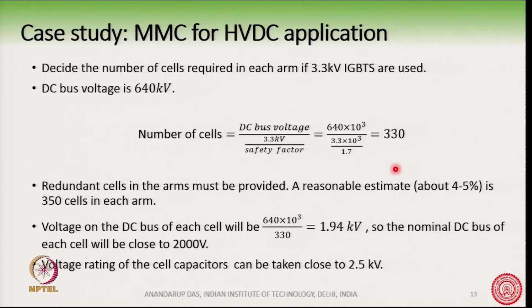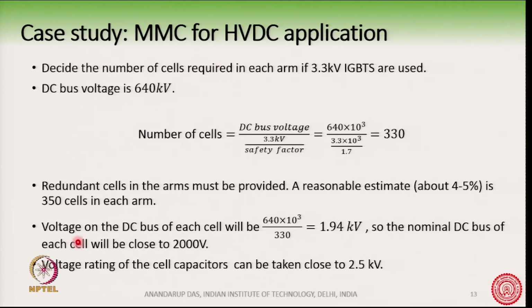Some of these are redundant cells, which will be shut off during normal operation. Only 330 cells will be used at any point of time, and the rest can be cold standby.